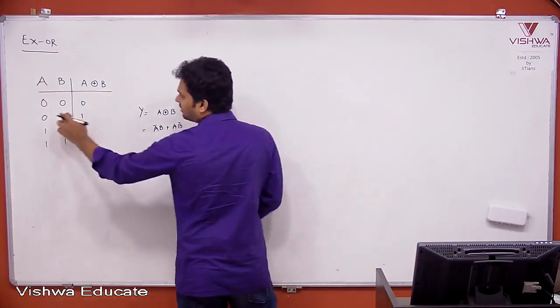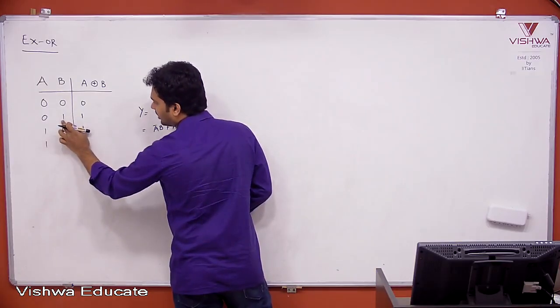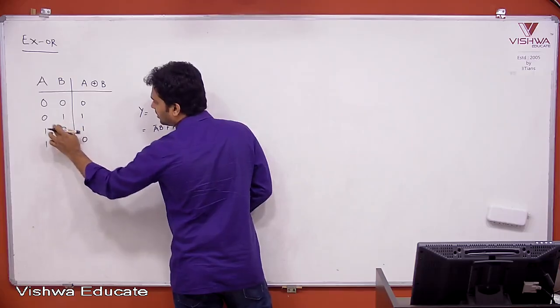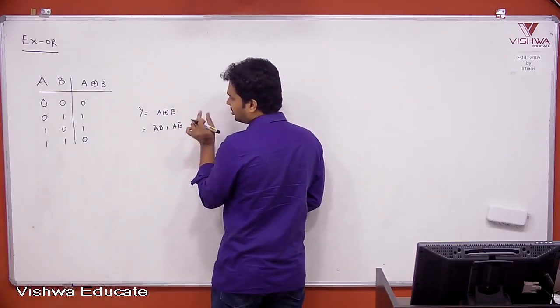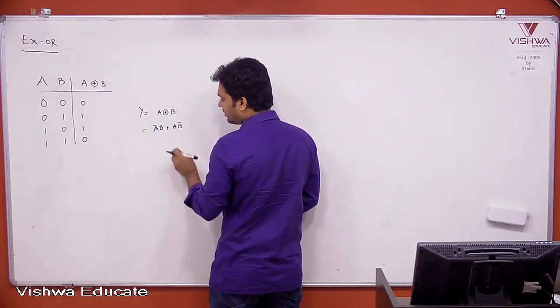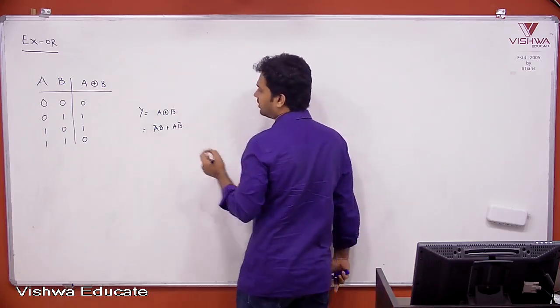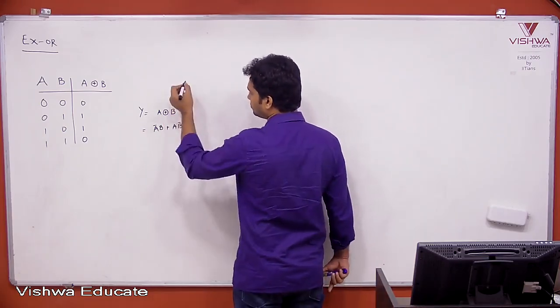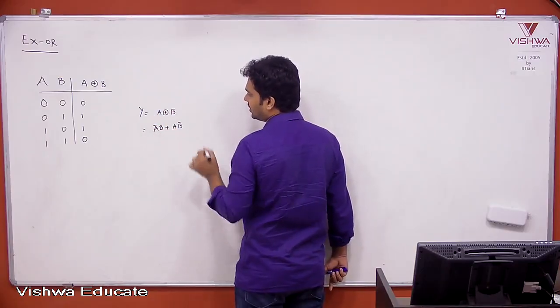It is 1 for 0,1 or 1,0 in the input: A bar into B, A into B bar. Now, this is your output Y, A bar B plus A B bar.